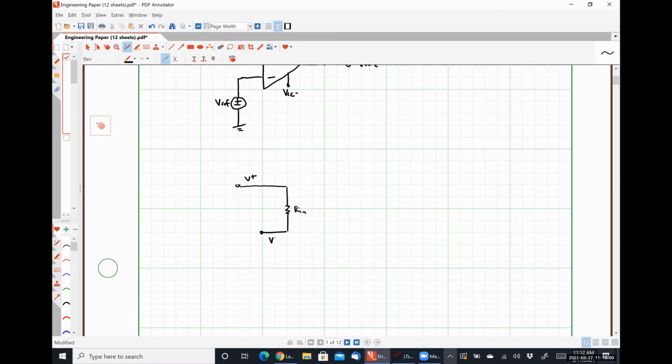This node down here is my inverting input terminal. So this voltage drop over my input resistance is my differential voltage VD. And then over here, I have AVOL multiplied by VD.